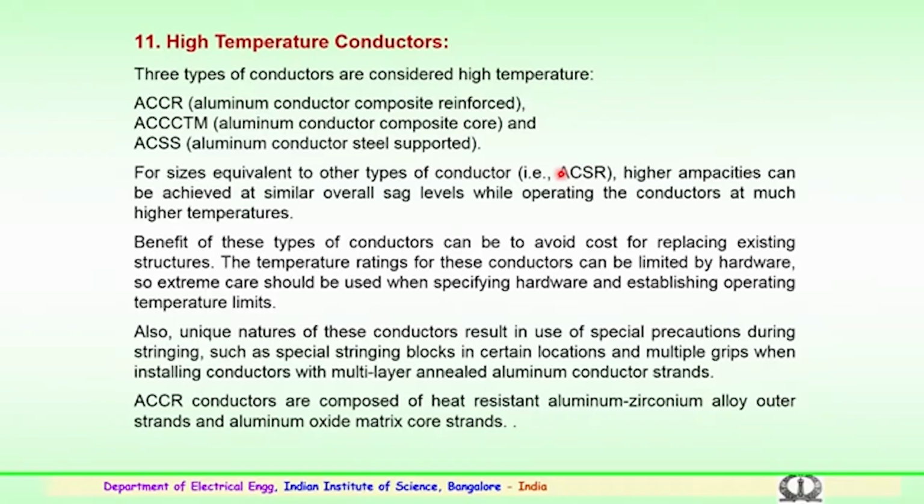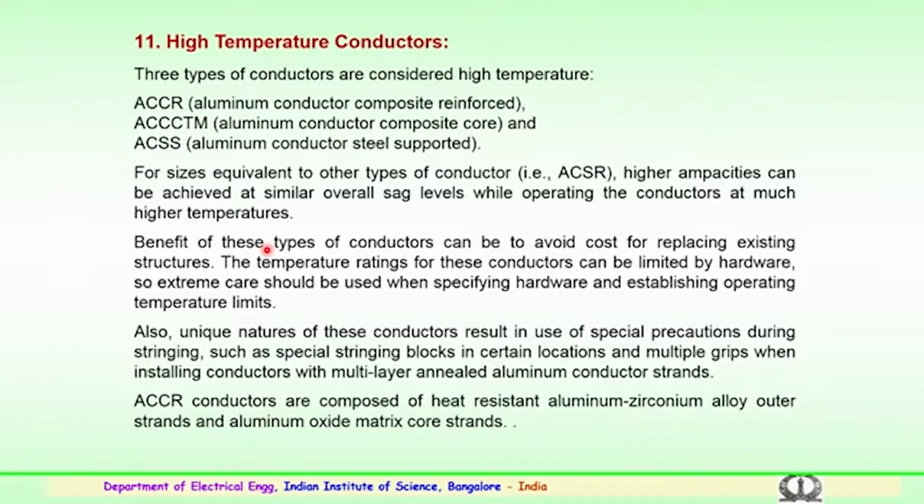These high temperature conductors have become very useful recently. For sizes equivalent to other types of conductor, such as the same size of ACSR, the higher current, that is the higher ampacity, can be achieved at similar overall sag levels while operating the conductors at much higher temperature.